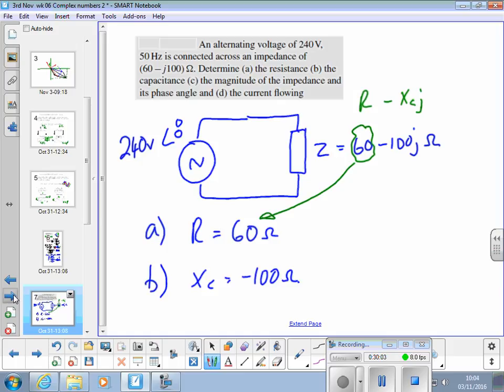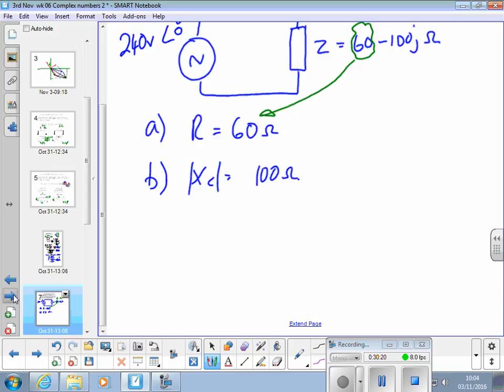The magnitude of it is 100. That's magnitude. Remember I told you that last time. If you just talk about the magnitude, that's how you define it. The fact that it's negative means that's a capacitor.